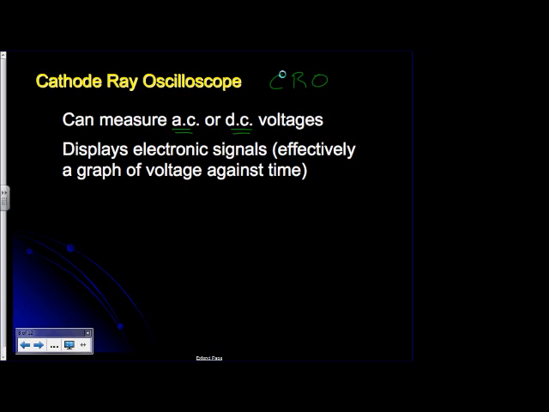What it does effectively is display electronic signals on a scale where on the vertical scale you've got voltage, and on the horizontal scale you've got time. So you could have a signal like that shown on the cathode ray oscilloscope. Just take note of those couple of points about the CRO.